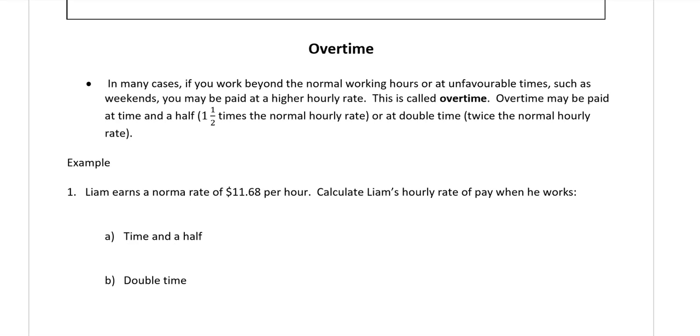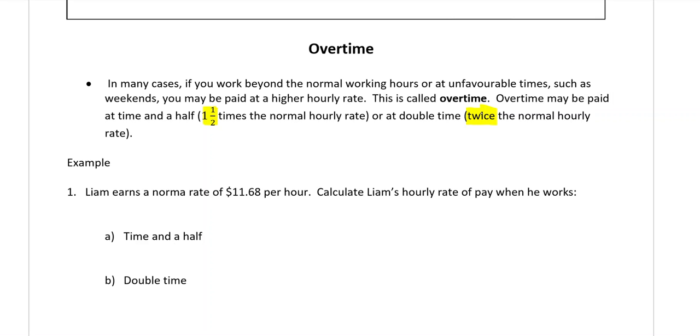So it's usually on weekends, you might get time and a half or even double time. And working holidays, you usually get paid more as well. So the question will tell you how much the overtime is. It's usually, like I said, time and a half, which we write as 1.5 like that, or double time, which is 2 times the normal hourly rate of pay.